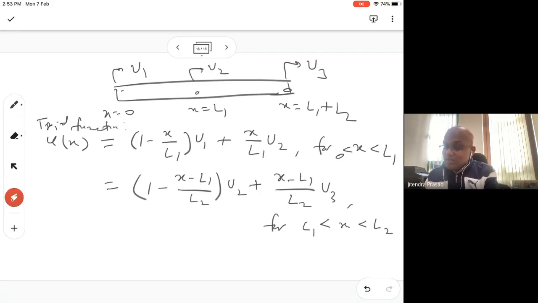You put x equal to L1: this gives you u2, and this also gives you u2. So this automatically makes sure that it is continuous to begin with, right?